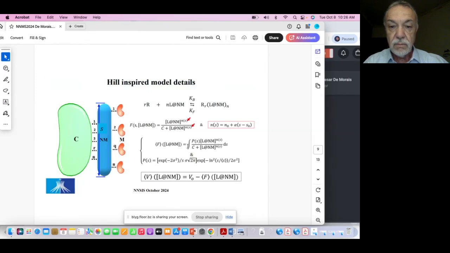How do I calculate the mean fraction? It's the convolution of the fraction and the particle size distribution. So now I can describe the mean cell viability. In the same way, it is the value of the cell viability at zero concentration of the nanomaterial minus the fraction of the nanomaterials.